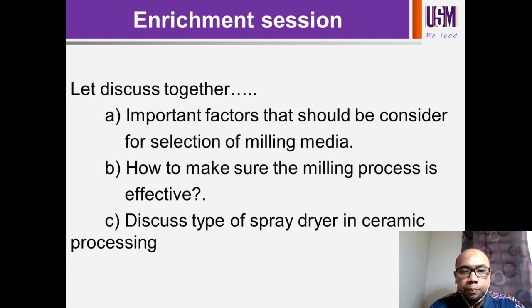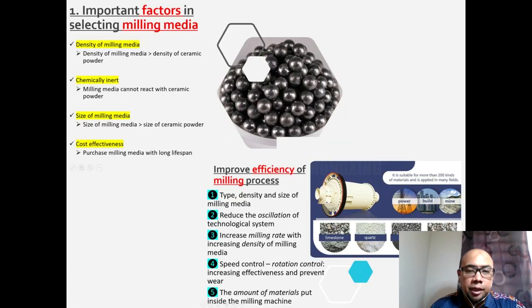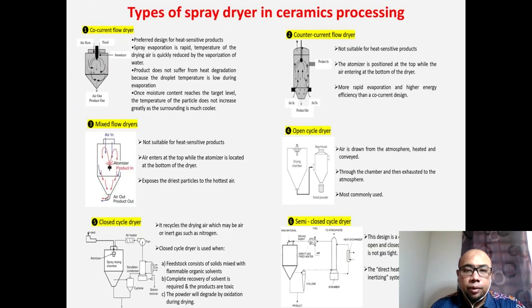Please put some symbol here, a star or hashtag, so you can highlight it, because this is a really important question for the milling process, especially the factors and how to improve the efficiency of the milling process.